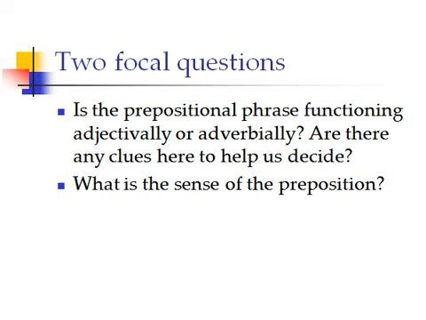Or do we have to rely on other clues, like the meaning of the other words in the sentence, and simply whether or not it makes better sense at this point in the discourse, having read up to this point in the discourse, whether it makes better sense to take this adjectivally, describing some noun in close proximity, or adverbially, describing some action in close proximity.